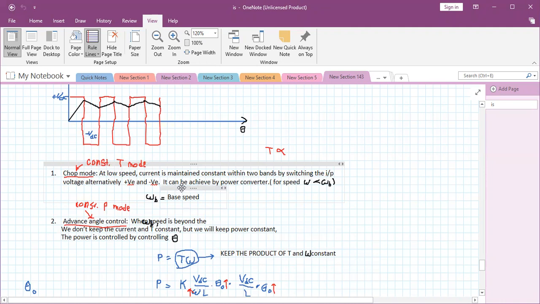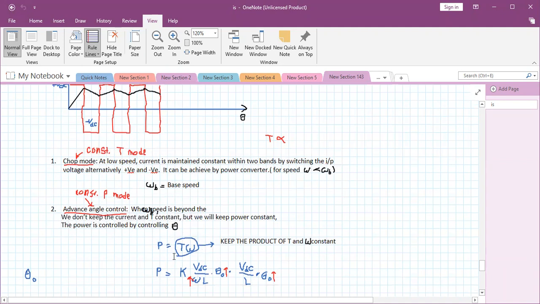But when your speed is above the base speed, we are not going to keep the torque constant. Instead, we use another method, which is called the constant power mode. Power is equal to T into omega.